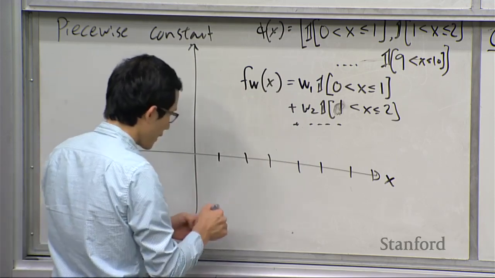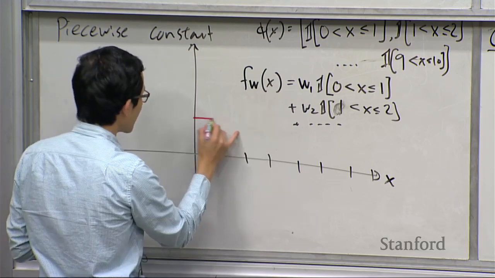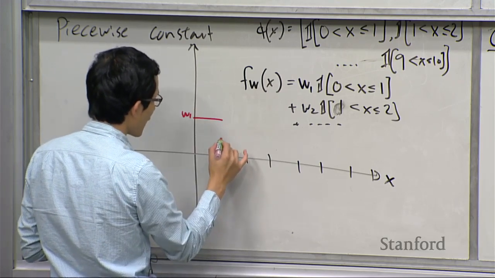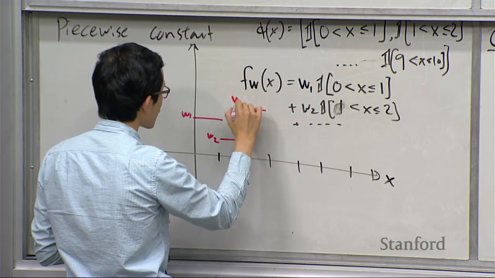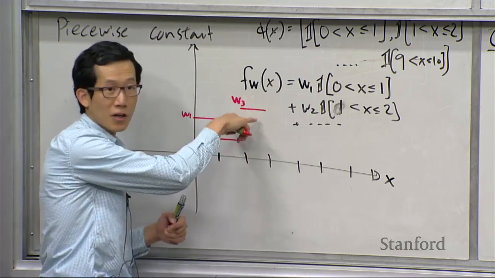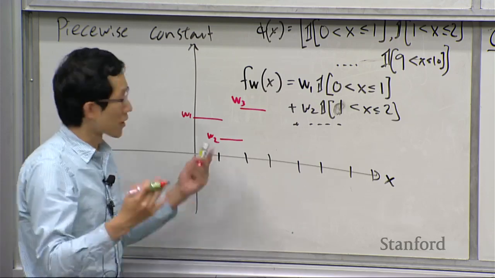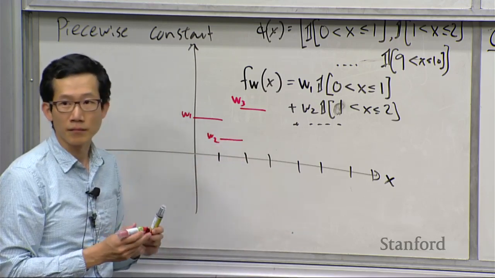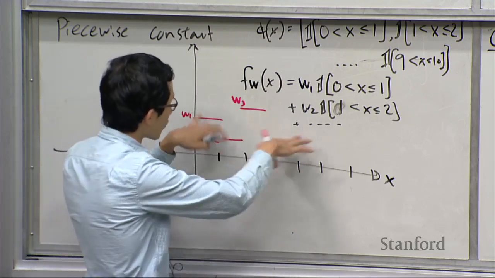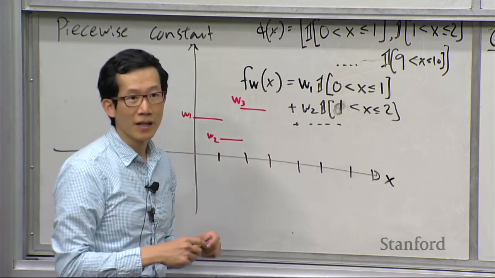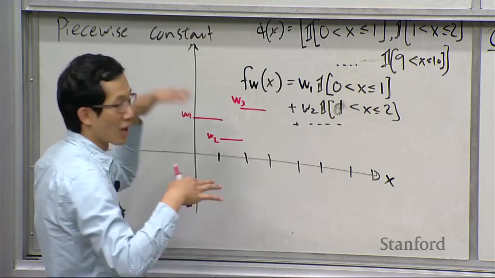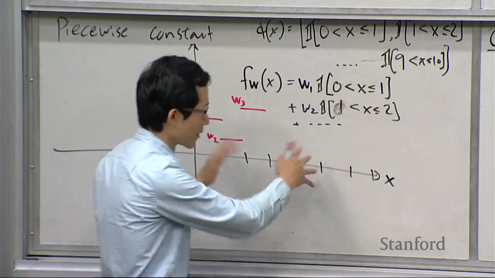So the weight is W1 here, and then this is W2. The weight controls essentially what the function value is in that range. And because you can vary the weights however you want across the 10 buckets, you essentially can define any sort of piecewise constant function you want on this discretization.